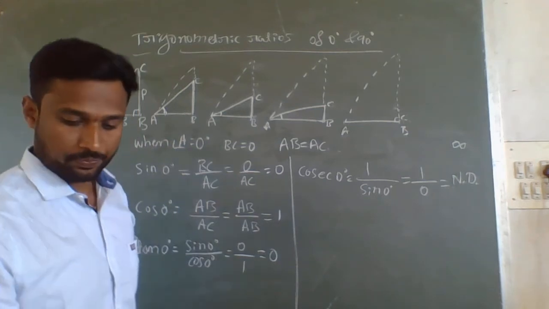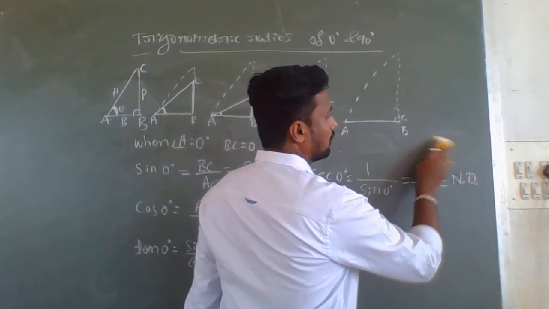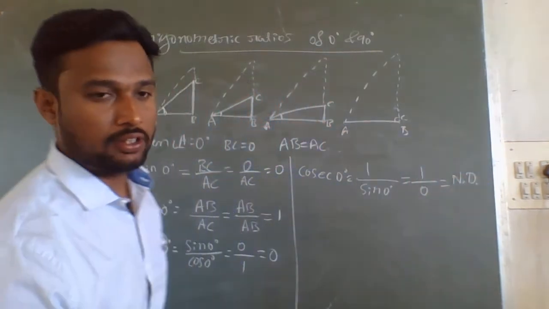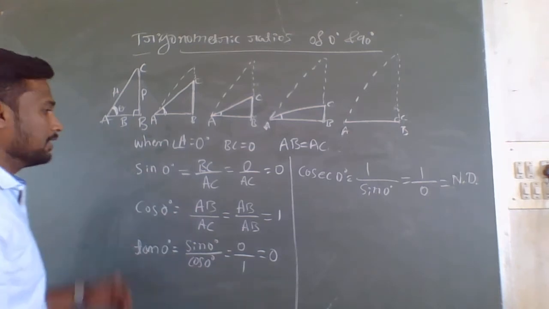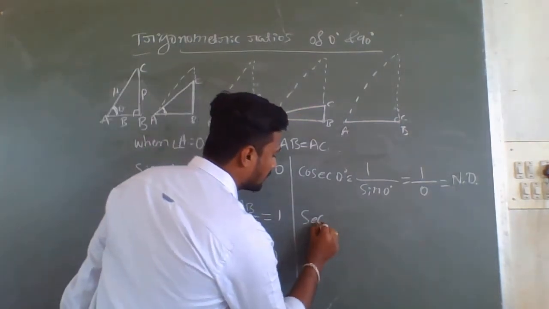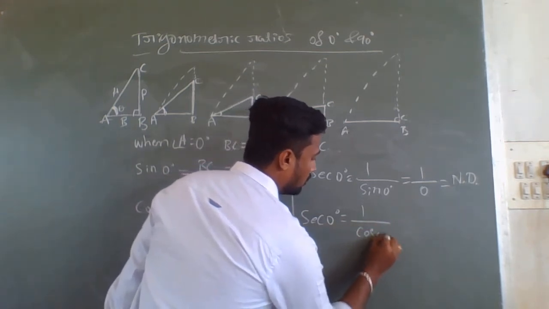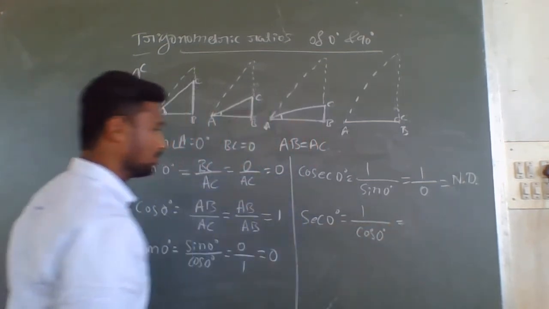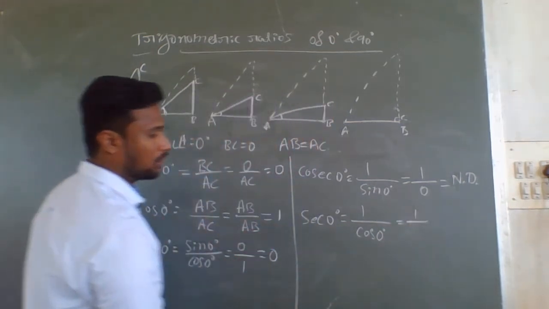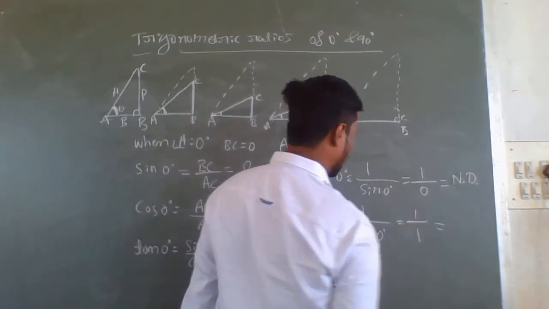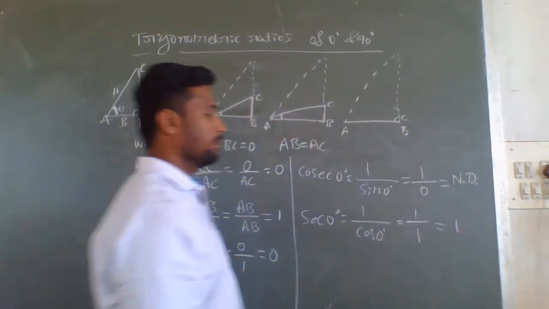But here it is given as not defined, ND. Okay. So now we will find out the sec theta value, means sec 0, which is the reciprocal of cos 0. So now 1 by cos 0 value is 1. So 1 by 1, what will you get? Sec 0 value is 1 only.